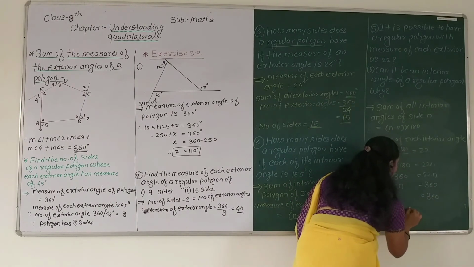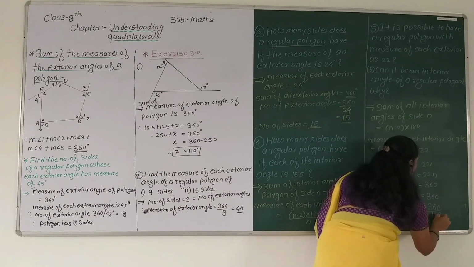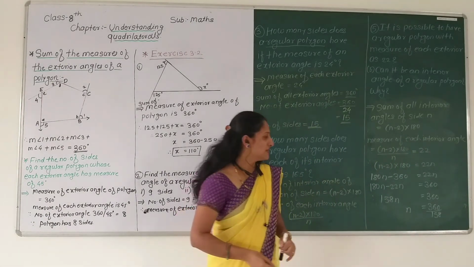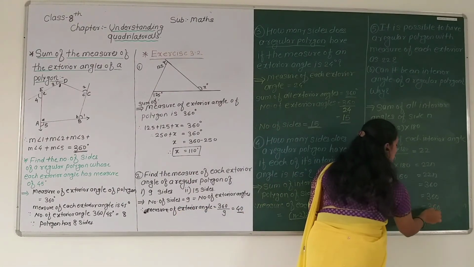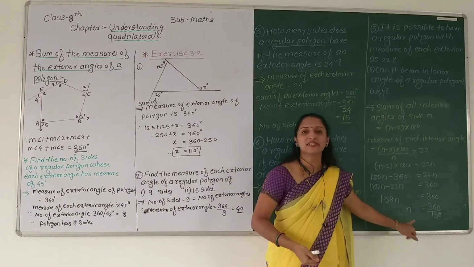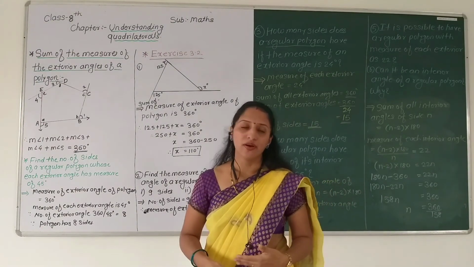Now what is the value of n? n is equal to 360 divided by 158. Now 360 is not divisible by 158, since here we get a fraction, and n is the number of sides of the polygon.